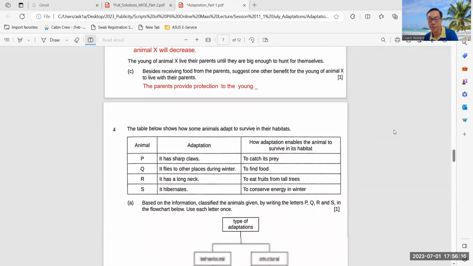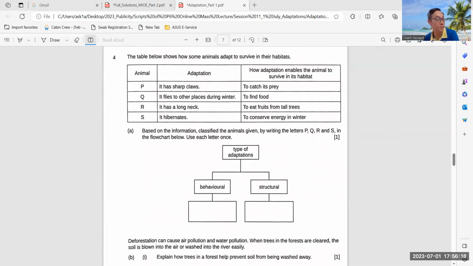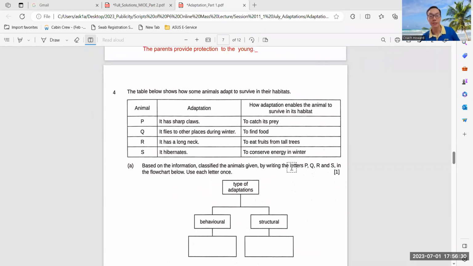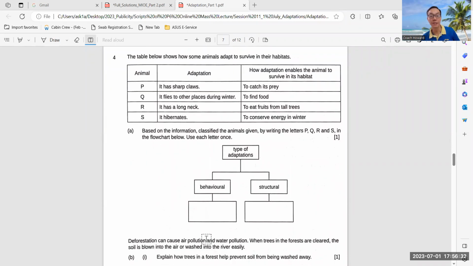Okay, now next page, this one. Very easy, this part. Just put the behavior and adaptations. So this one is quite simple. You just put the alphabet inside. You classify the characteristic inside.